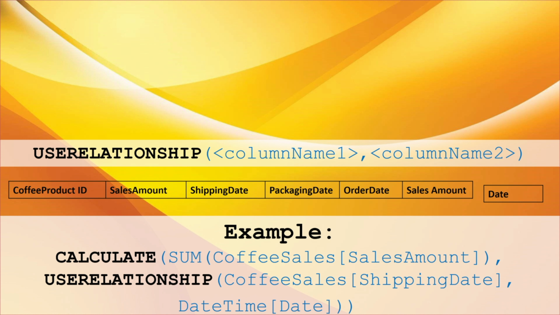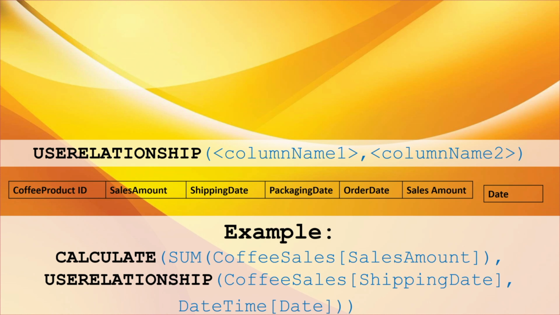To calculate the sum of coffee sales and allow slicing by shipping date instead of the packaging date, we need to create a measure, coffee sales by shipping date, using the following DAX function: CALCULATE(SUM(coffee sales amount), USERELATIONSHIP(coffee sales shipping date, date time date)).